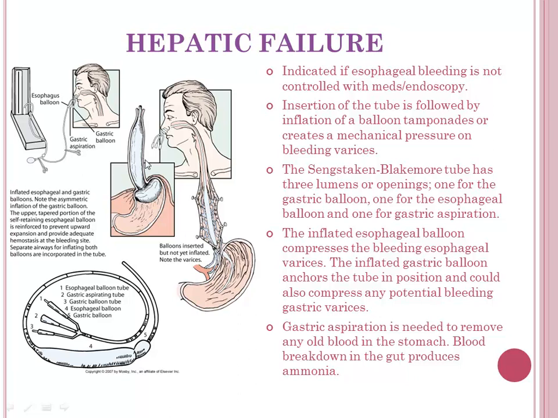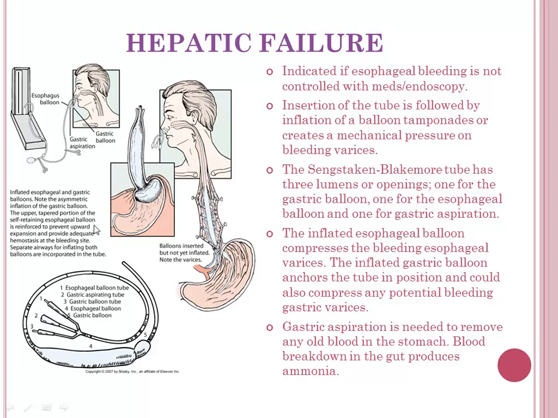Here's a better picture. Here's your esophageal balloon inflated, and then your gastric balloon that's inflated, that can not only compress gastric varices, but also will anchor the balloon so that it doesn't slide up and forward. Then there's a third port that's known as the gastric aspirating tube, because if you have a lot of blood or just gastric secretions in the stomach, you want to decompress that and remove that.